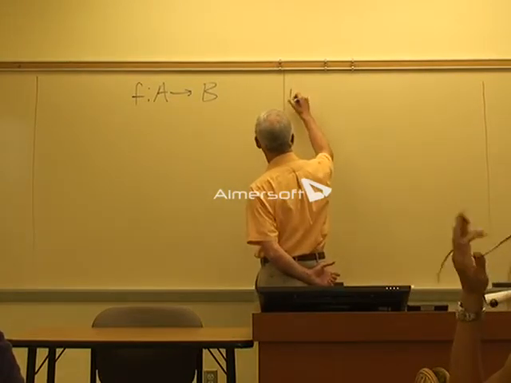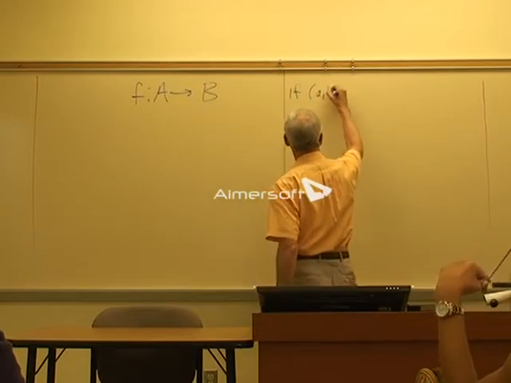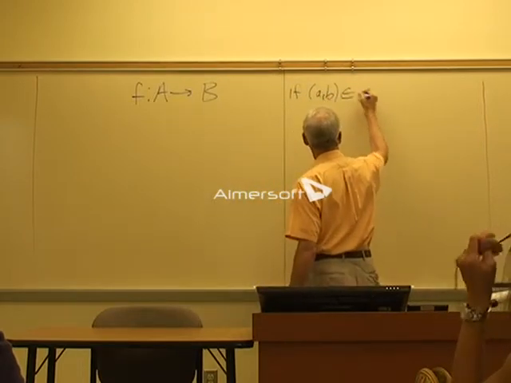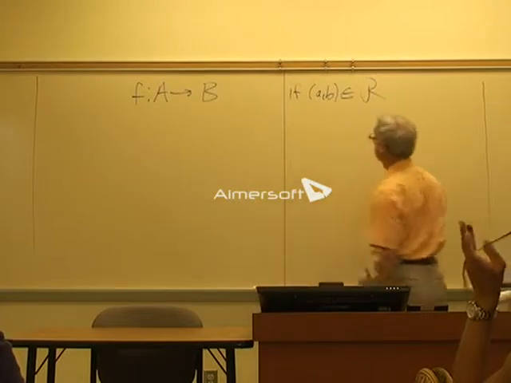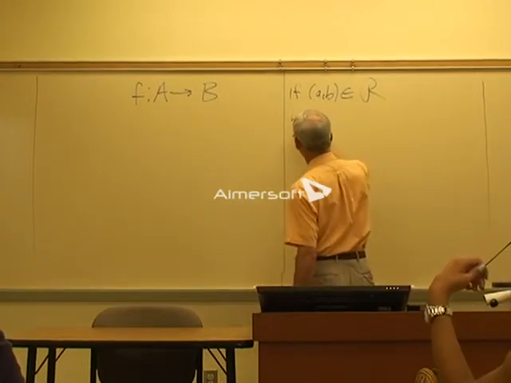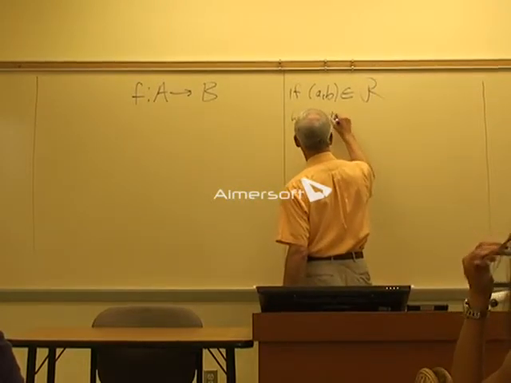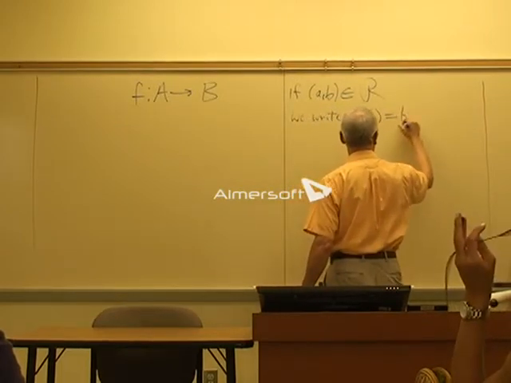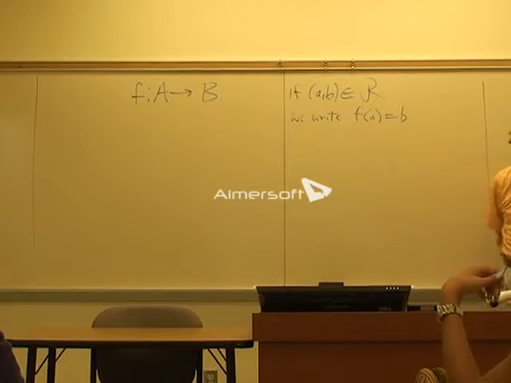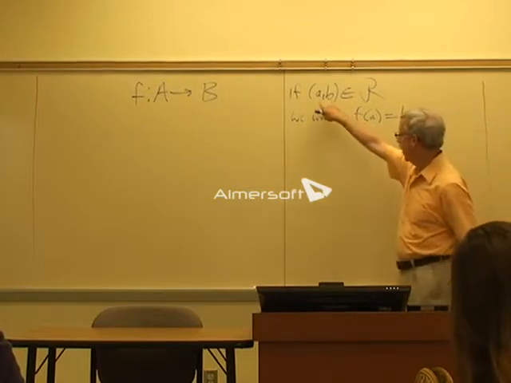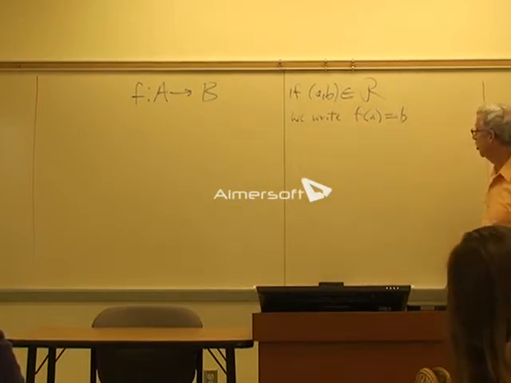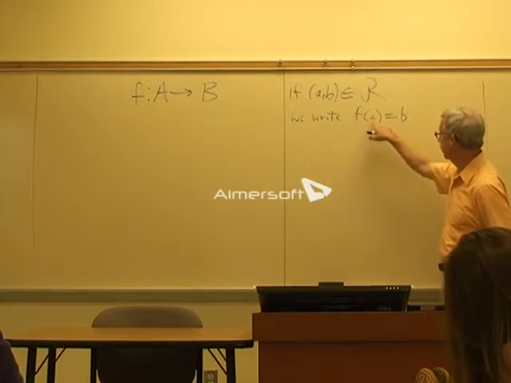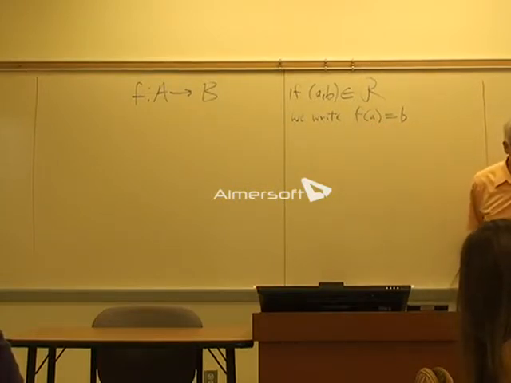Where if the pair (a, b) is in the underlying relation, then we write f(a) = b, so these two things have the same meaning. The pair (a, b) is connected in the relation means that when I apply f to a, I get b.